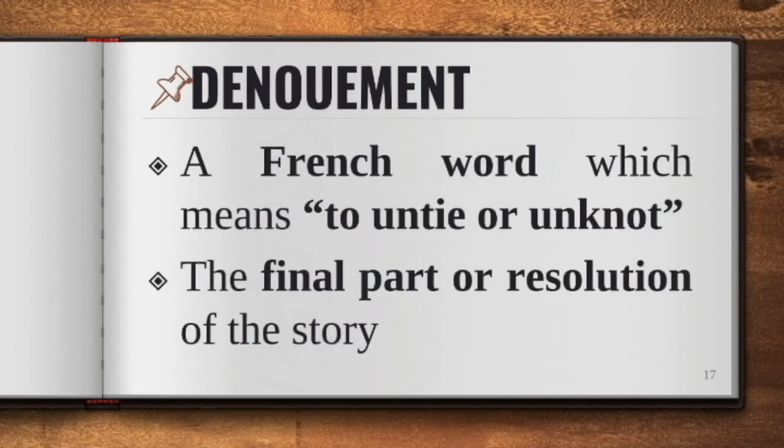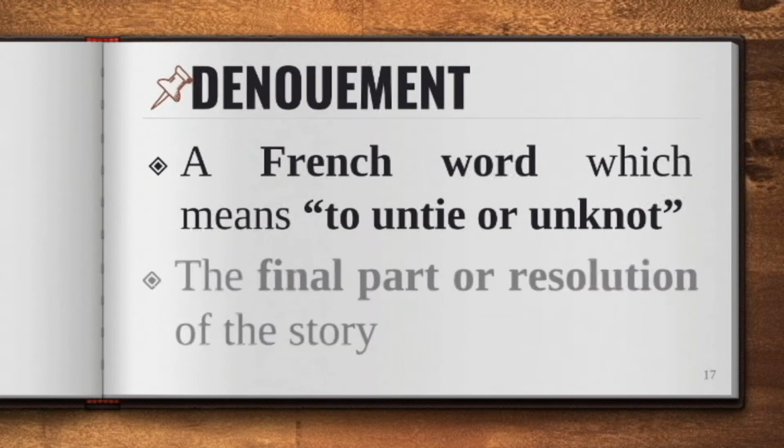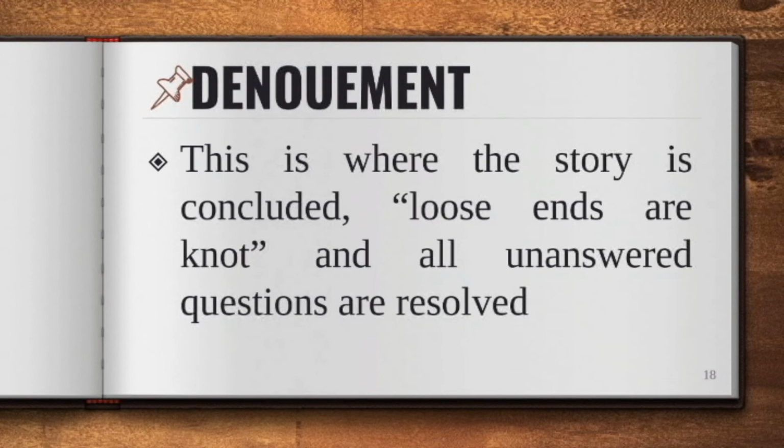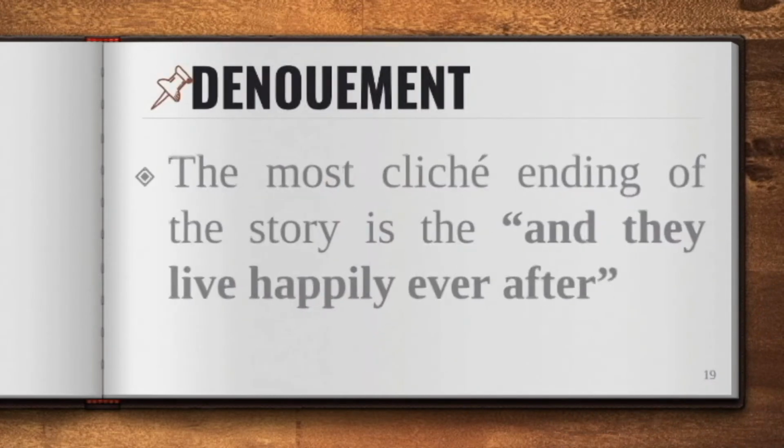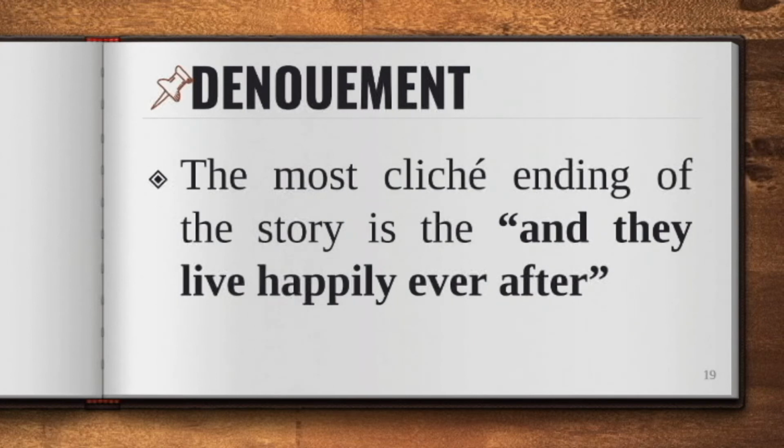Thus, denouement is the final part that concludes the story. This is where loose ends are knotted and all unanswered questions are resolved. The most cliché ending for a story is "and they lived happily ever after." But stories can end either happily or tragically.